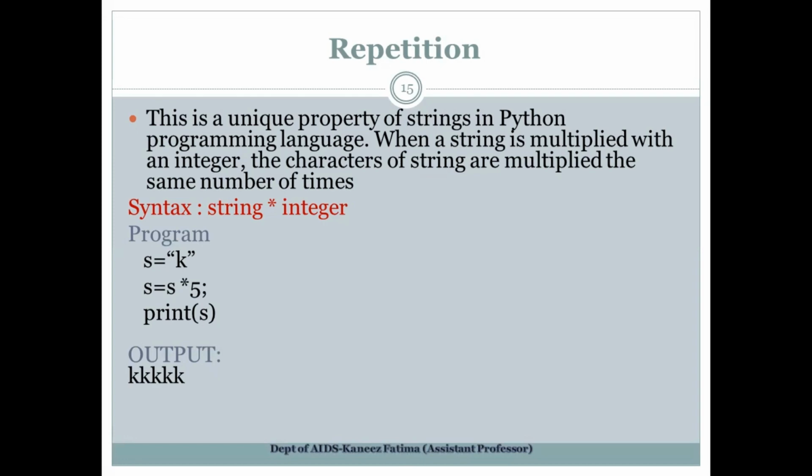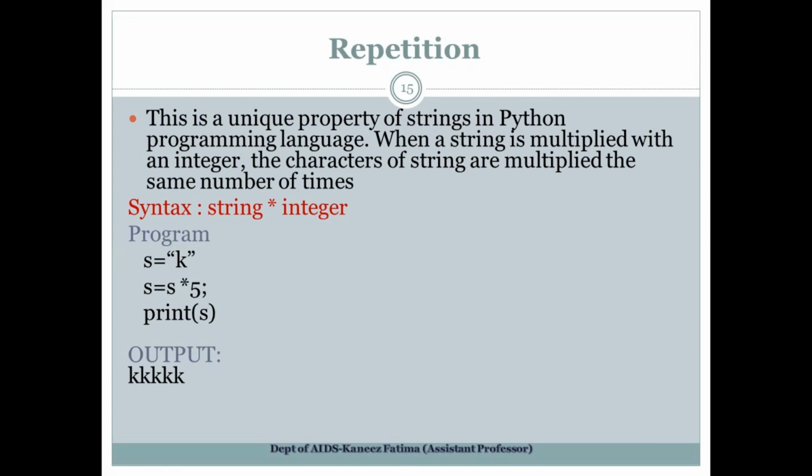Next, another topic we are moving to is repetition. This is a unique property of strings in the Python programming language, where a string is multiplied with an integer. The characters of the string are repeated that same number of times. Sometimes we require a variable to be multiplied a number of times and displayed, as we see in a for loop.